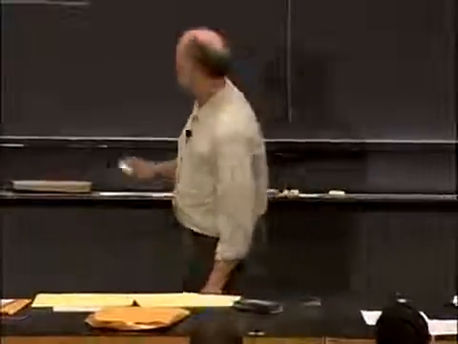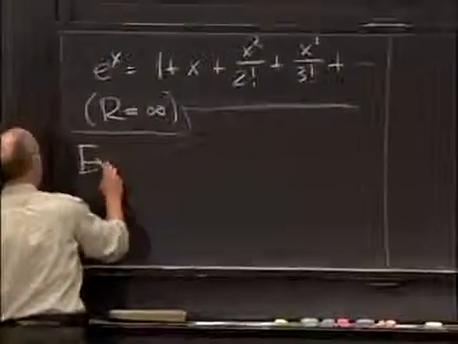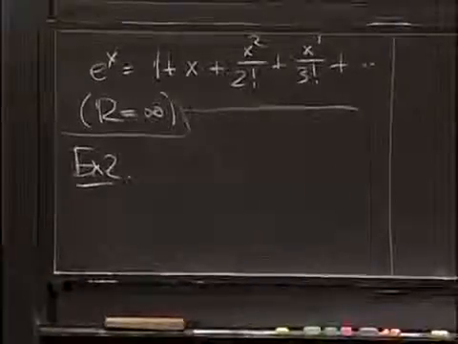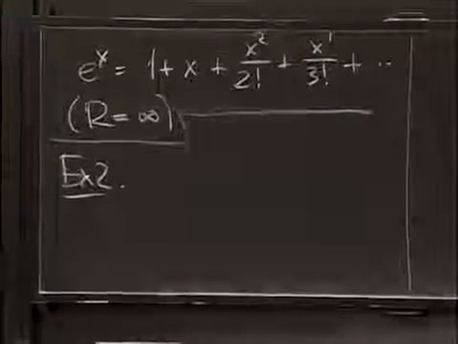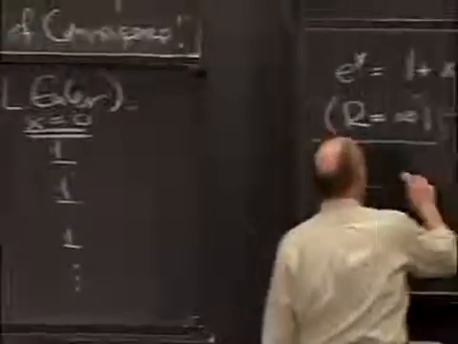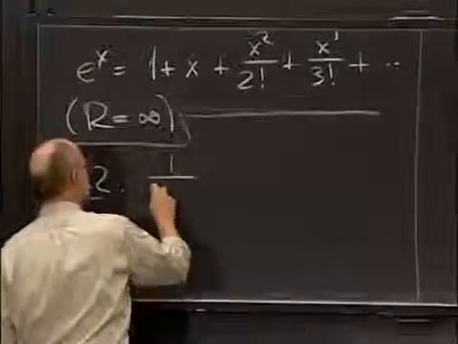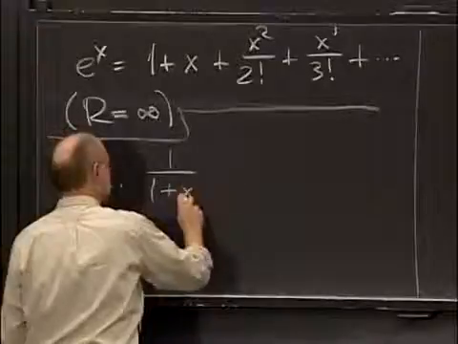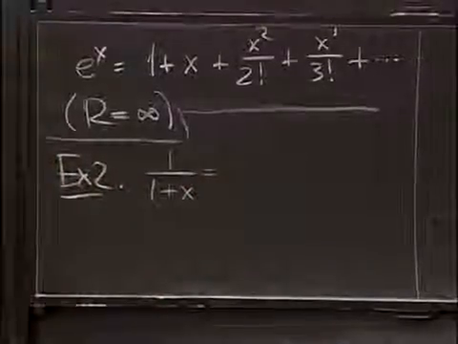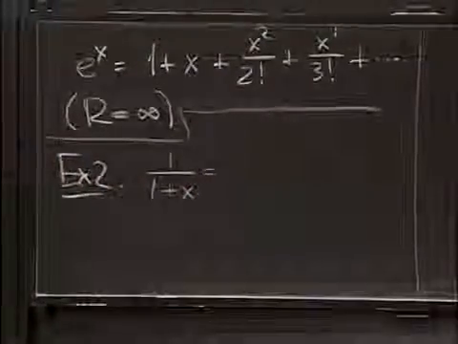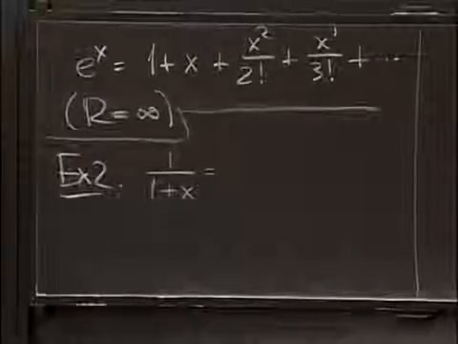Let's do another example. I guess this was example 1. This example, I think, was due to Newton, not Euler. Let's find the power series expansion of this function, 1 over 1 plus x.